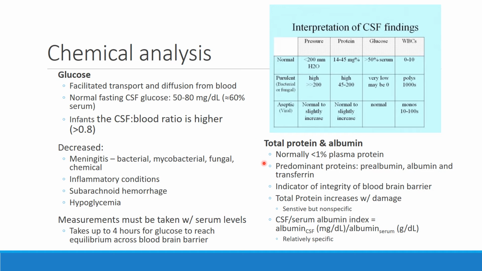The proteins that we're mostly looking for would be prealbumin, albumin, and transferrin. Those are the predominant proteins that we are looking for in the CSF. As there's more and more damage to those tissues in the choroid plexus, we're going to see higher and higher levels of protein.